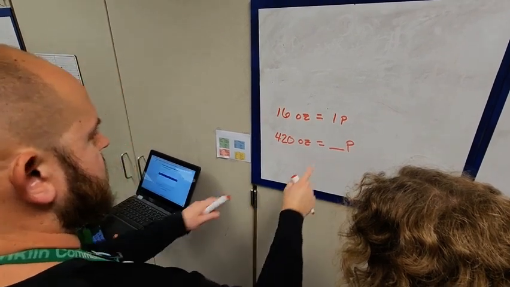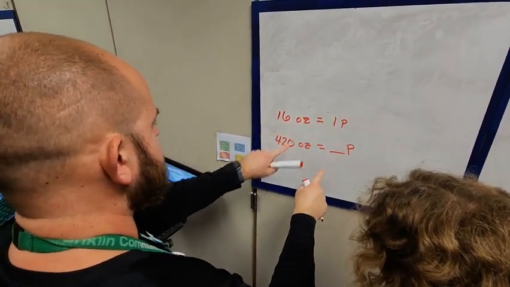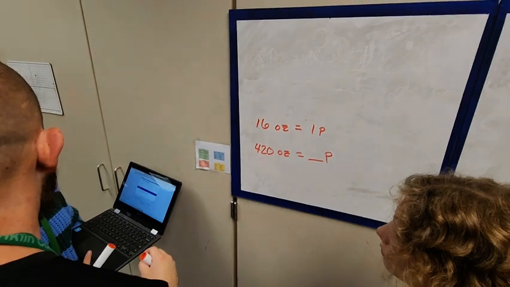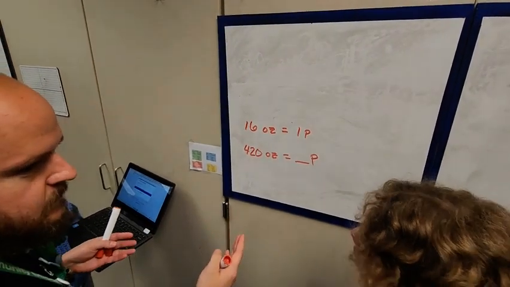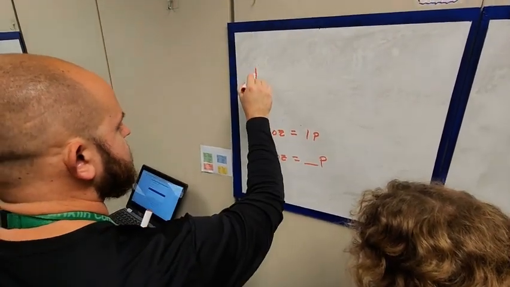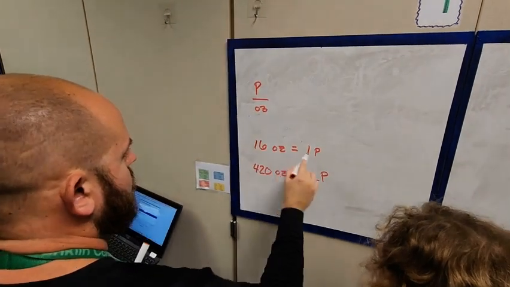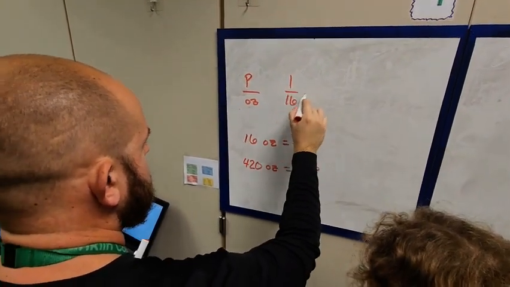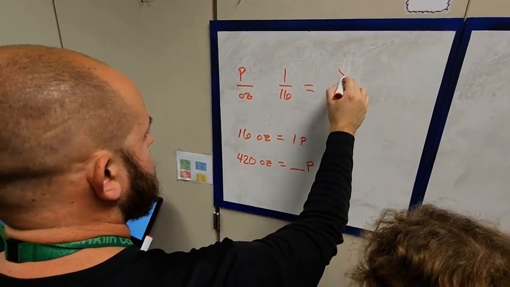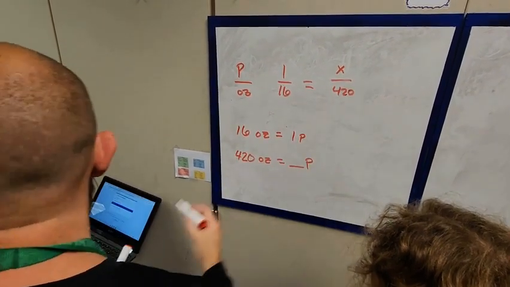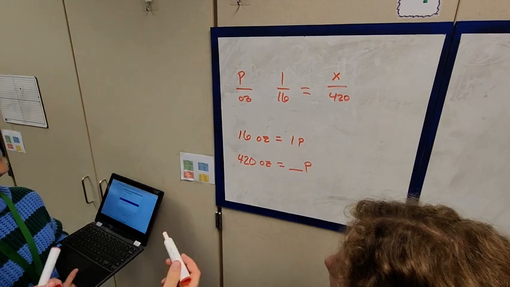Right? And now set up a fraction. Do you want pints over ounces or ounces over pints? It doesn't matter. Yeah. Let's go with pints over ounces, right? 1 over 16 equals x over 420. Does that make sense? Yeah.